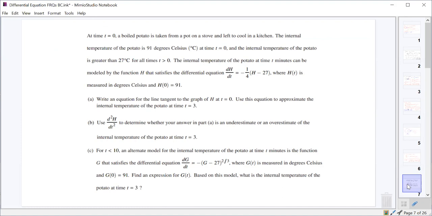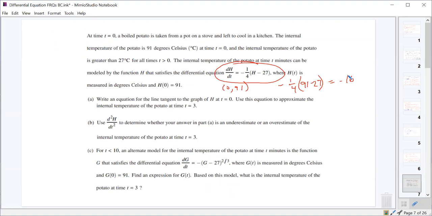We want to first write an equation for the line tangent to the graph of H at t equals 0. If t equals 0, that's the point (0, 91). If we want a tangent line, we need a slope, and our slope should come from the derivative. So negative 1/4 of H at this point, which is 91, minus 27. 91 minus 27 is 64, so this is negative 16.